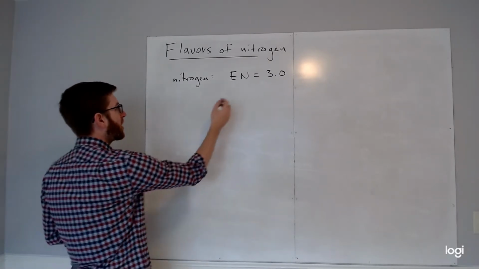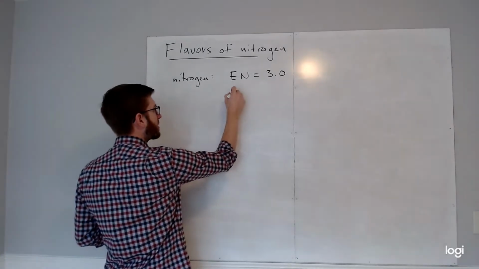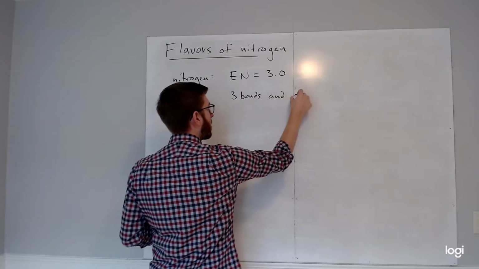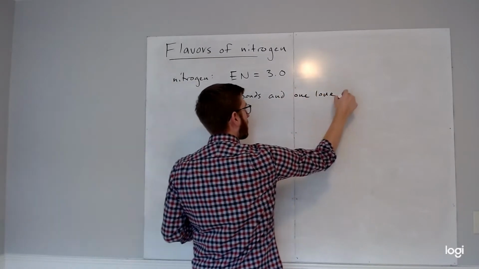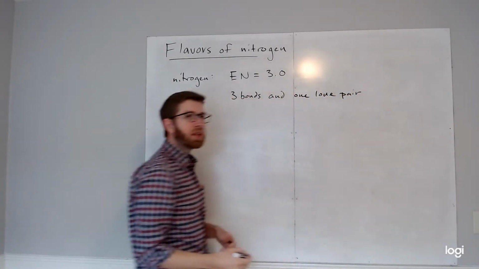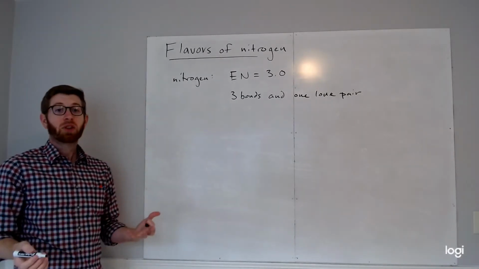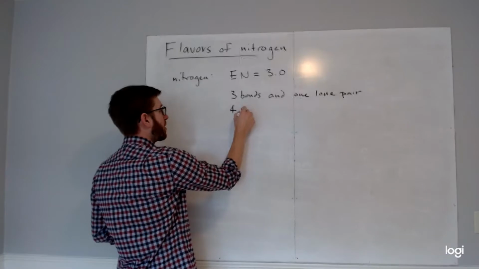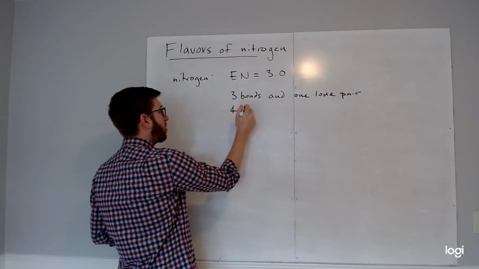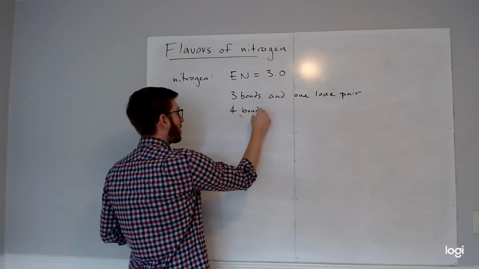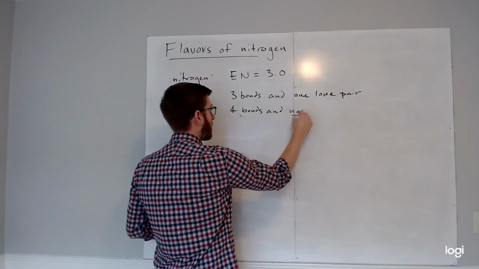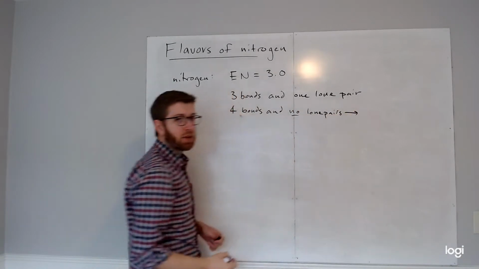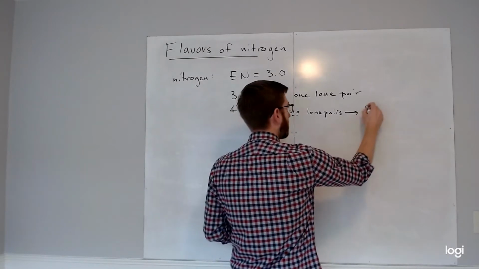We also know that we're going to typically have 3 bonds and 1 lone pair. And that will be a typical bonding pattern, but we've seen lots of other possibilities, right? So there's like 4 bonds and no lone pairs, which would make your nitrogen positively charged.